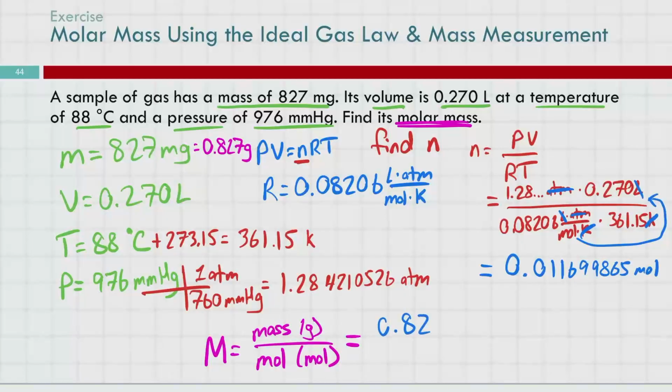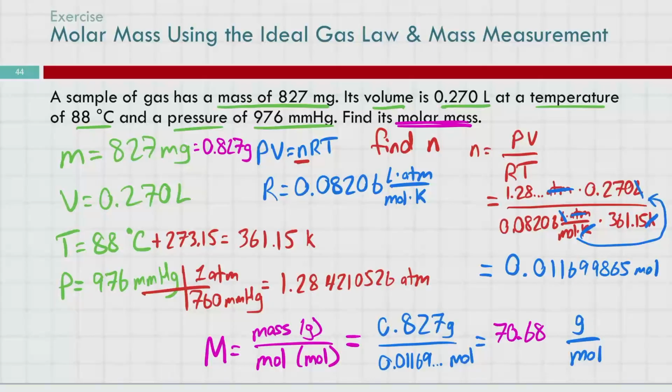So 0.827 grams divided by 0.01169 and some other stuff. Our units that we end up with are grams per mole. And the number we get is 70.68. That would round up to 70.7 grams per mole.